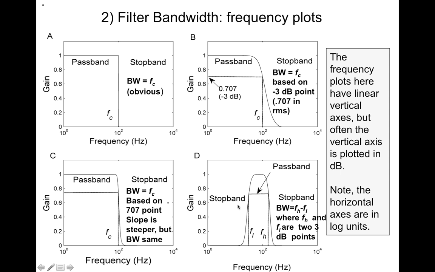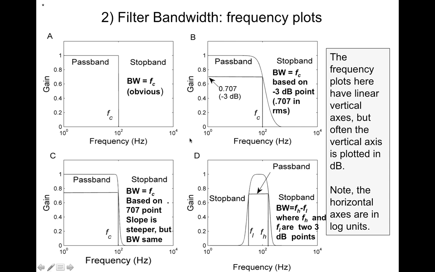Figure D just extends this example to show you how this would work in a bandpass filter, where the passband basically goes from the 0.707 point on the left side to the 0.707 point on the right side, and so that would give you your lower and higher ends of the bandwidth.